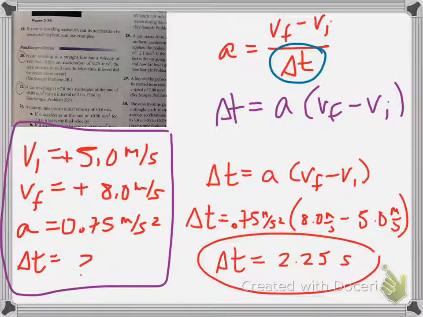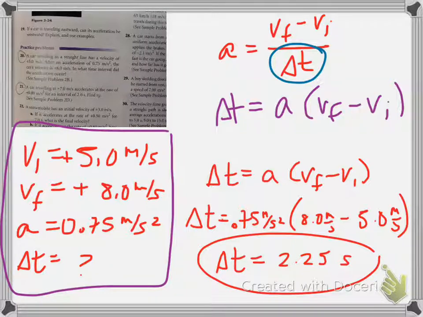When you're rearranging and solving for something that's in the denominator, would you multiply both sides by the denominator? Yes, I would. Oh, wait. Yes, I would. Can you show me what that looks like? Sure.